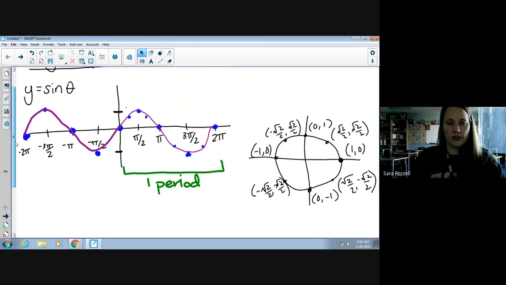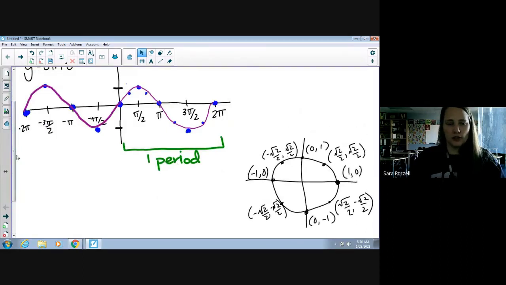Now we'll do cosine and see the difference between the two of them.